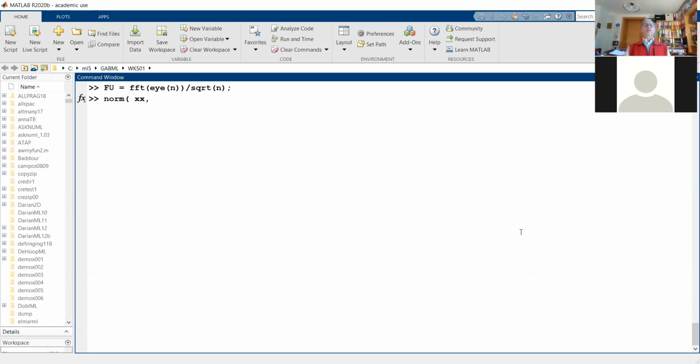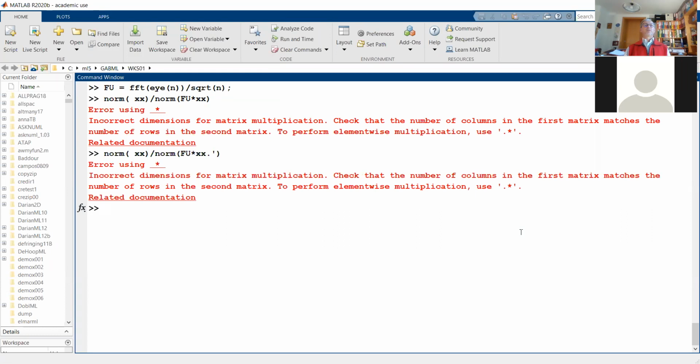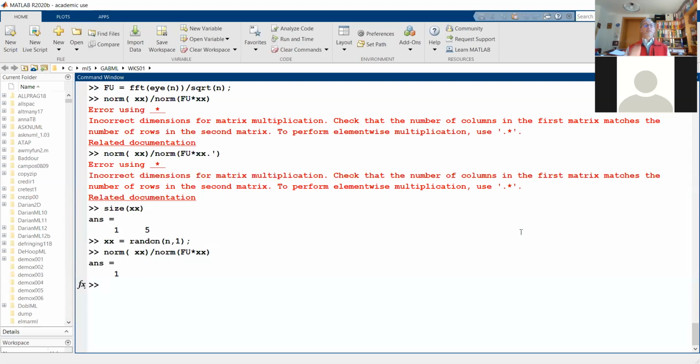any vector x compared to the norm of fu with x. Okay, it should apply to the column vector. So I should take a random, maybe complex valued vector x now, and then I can apply it.